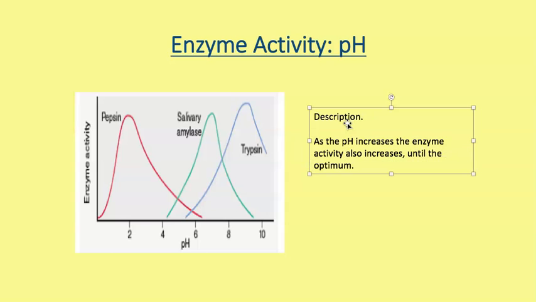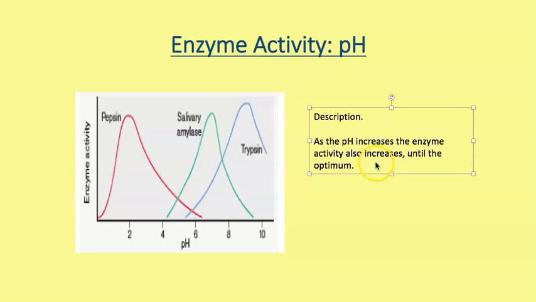If you look at all of these, their optimum pH is different. Pepsin has an optimum pH of 2, which is acidic. Amylase has an optimum pH of about 7, which is neutral, and trypsin has an optimum pH of approximately 9, which is a more alkaline solution.